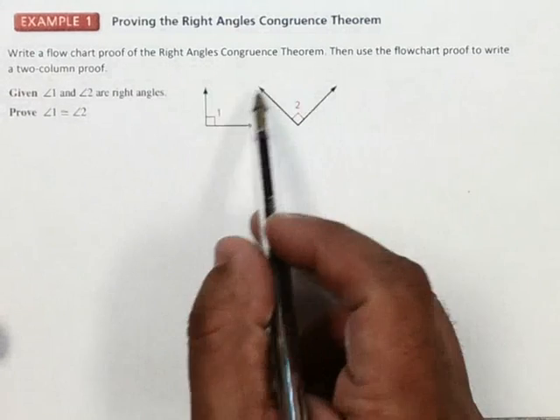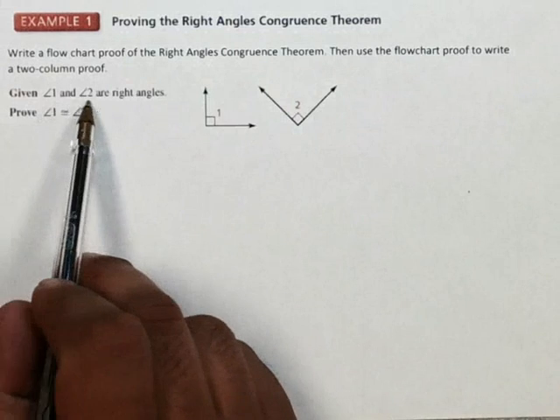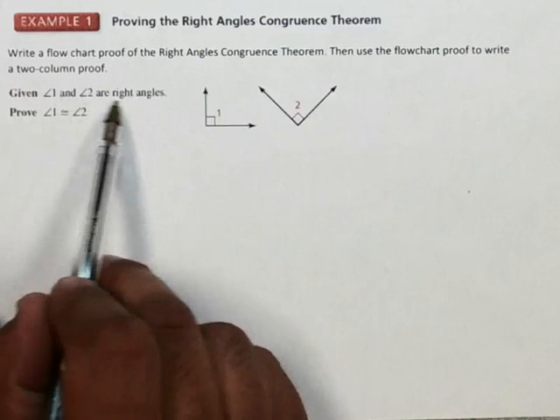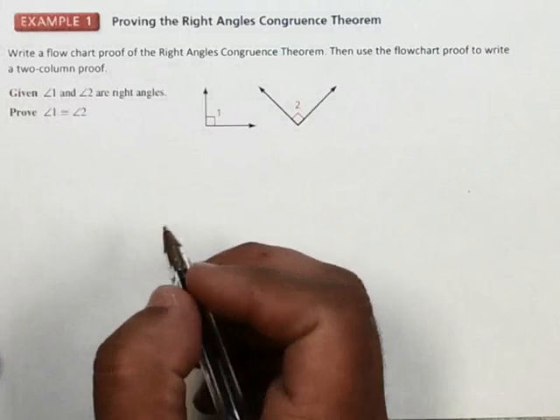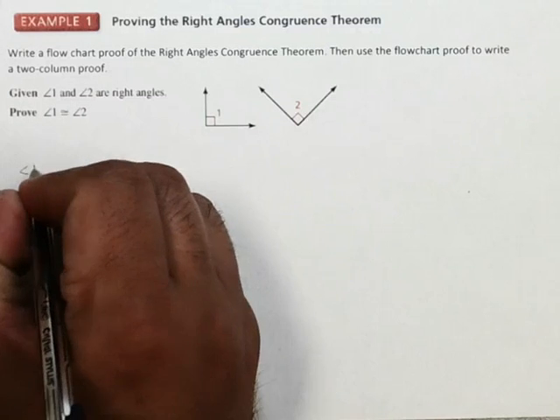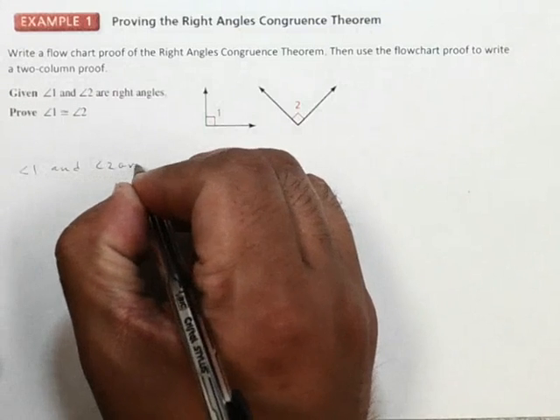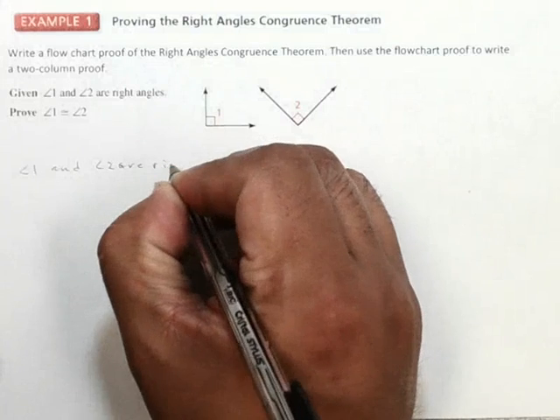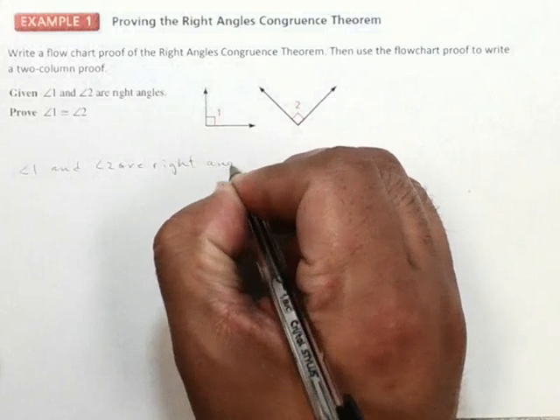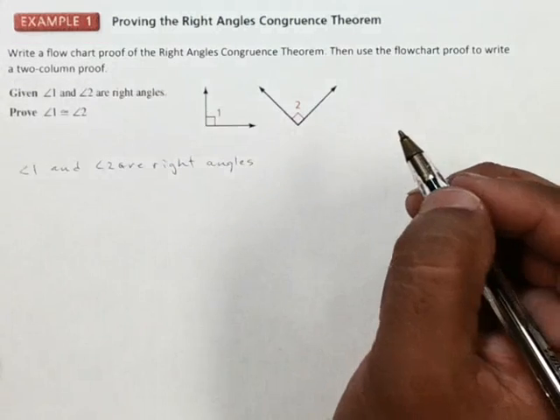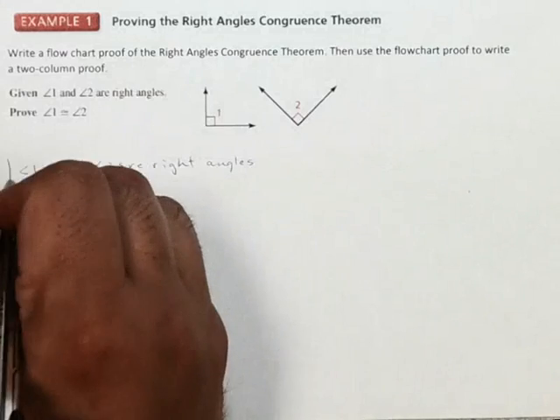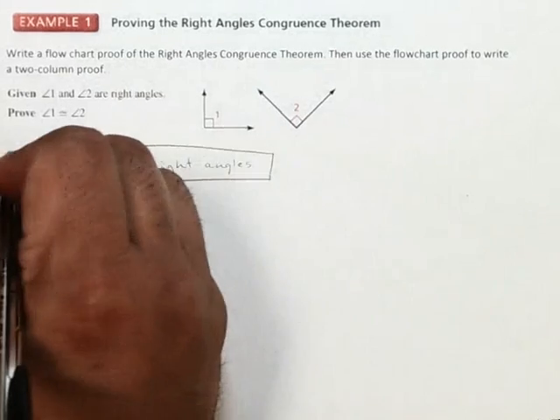They give us a drawing here that illustrates this given statement. So we always start with our given statement: angle 1 and angle 2 are right angles. We're going to put that in a box.